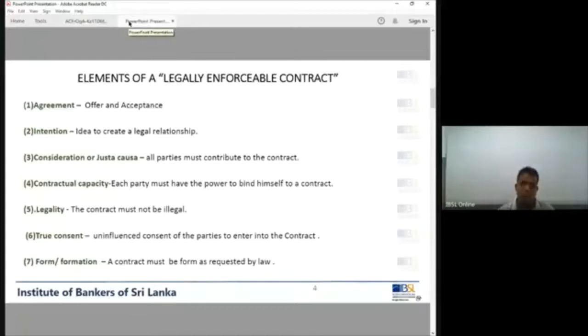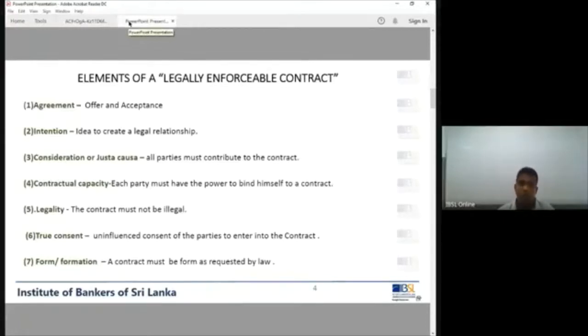So what we have to identify when we have a case or a question on contract law is, first of all, whether that contract is legally enforceable or not. If it is, then you can go to courts and ask for remedies.